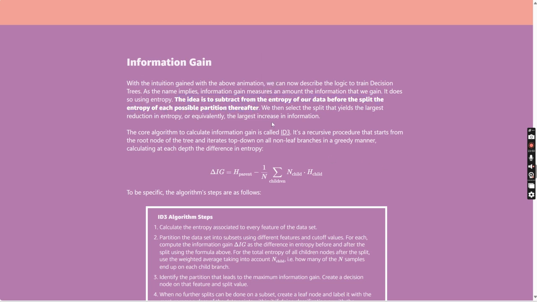So this process is called information gain. Information gain is nothing but, as you decrease the impurity from the decision made, we say we are gaining information. More information about the dataset is being gained. It has a slightly different formula, but notice this H here.